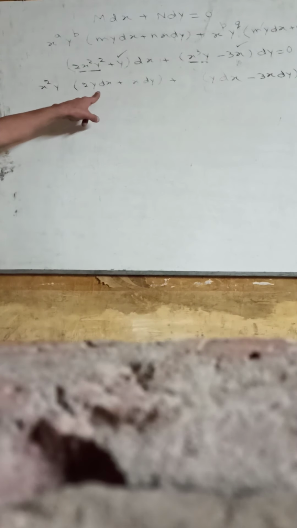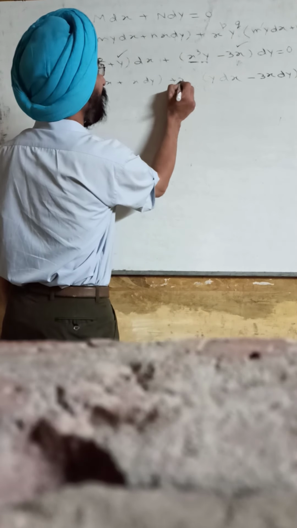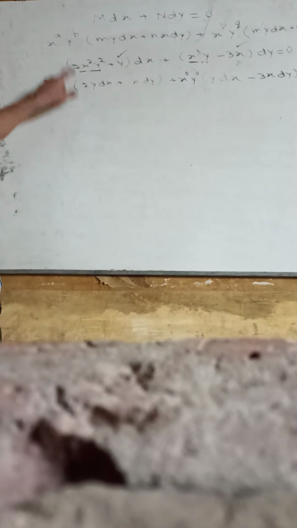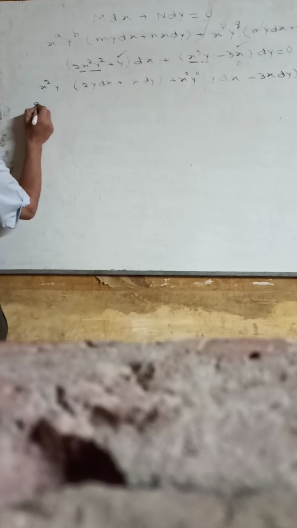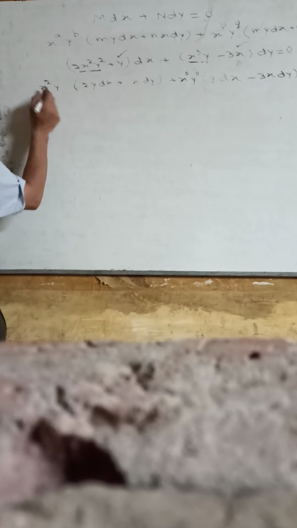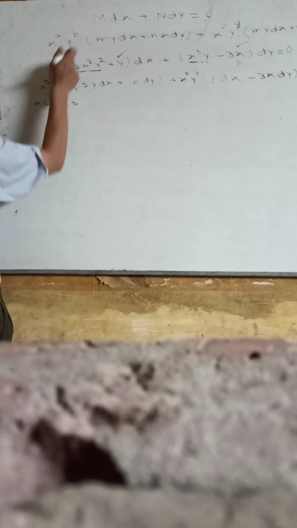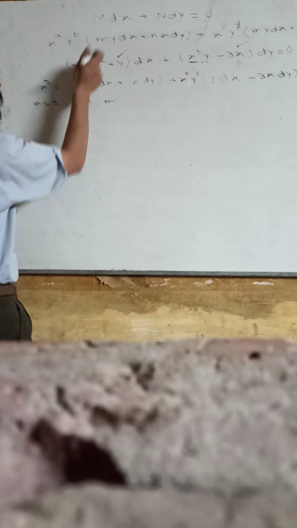So this equation is now in this form. You can write outside x raised to the power 0, y raised to the power 0. Comparing these two, what is your a? Your a is 2. Your b is 1. Your m is 2.